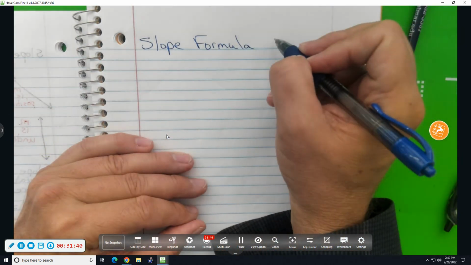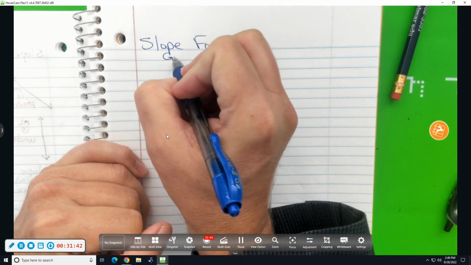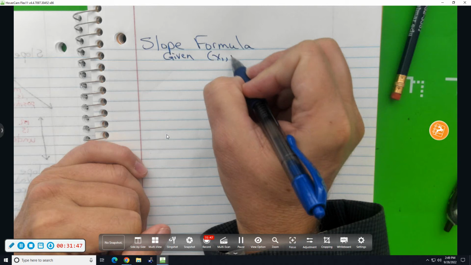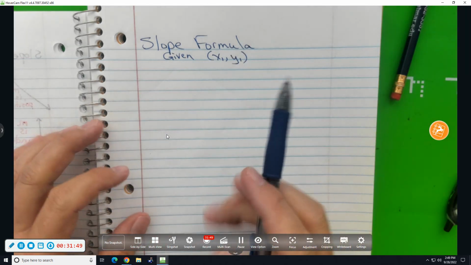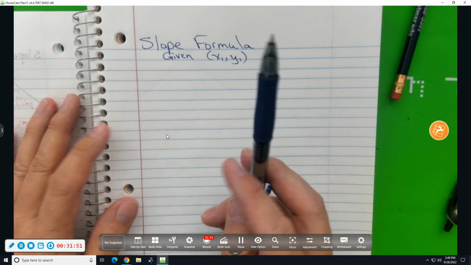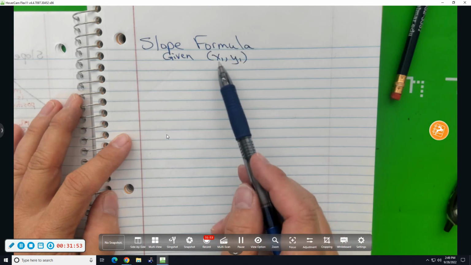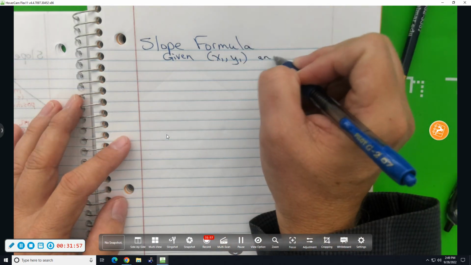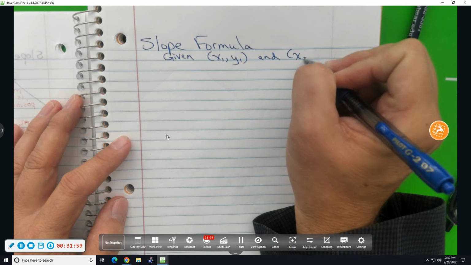The slope formula. First of all, you have to be given 2 points. You have to know 2 points on the line in order to use the slope formula. I'm going to use the same ordered pairs I used with the distance and midpoint formulas: X sub 1, Y sub 1, and X sub 2, Y sub 2.